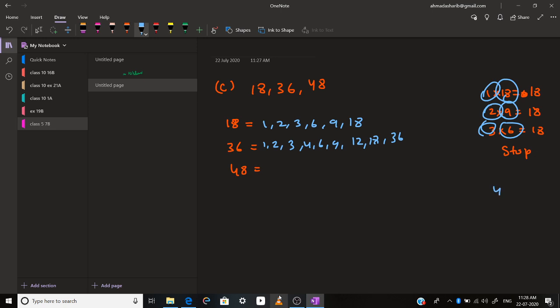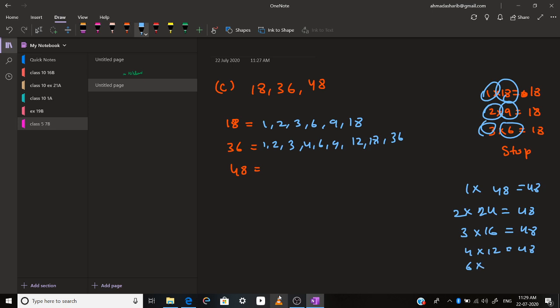Now factors of 48. So 1 into 48 is equal to 48. 2 into 24 is equal to 48. 3 into 16 is equal to 48. 4 into 12 is equal to 48.